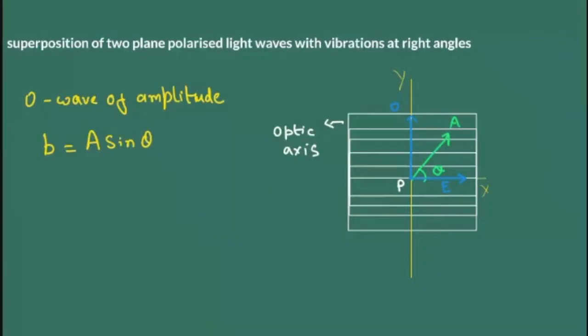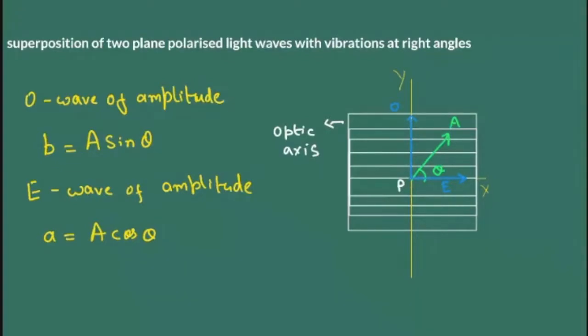Now, similarly, what will be the E wave amplitude? We can write small a equals A cos theta. So these are your O ray and E ray. But because their motion is perpendicular to the optic axis, both of them will be traveling in the same line and will exit from the same place.